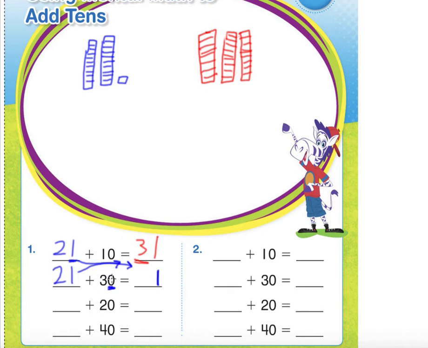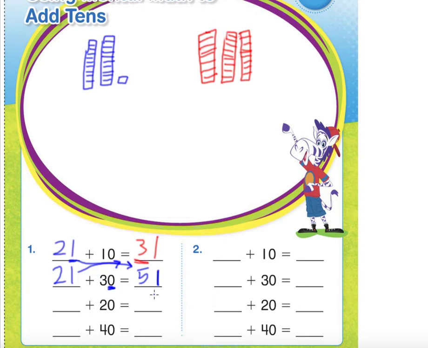So now all we have to do, since we're just adding a set of tens, not ones, and 21 has just 1 one, we can put that on over. Now we just have to count how many tens rods. Let's count them. 1, 2, 3, 4, and 5. So our answer is 51.